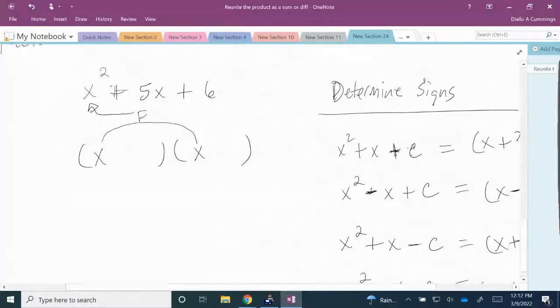So looking back at our example, the last term is positive, the middle term is positive, so we know that both of our numbers are positive. Now we're going to use something called a product sum. We need two numbers, both positive, whose product is equal to 6. The product always equals the last term, and the sum is equal to the middle term, which is 5.